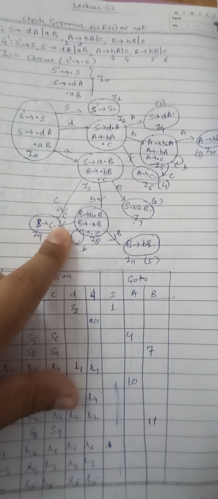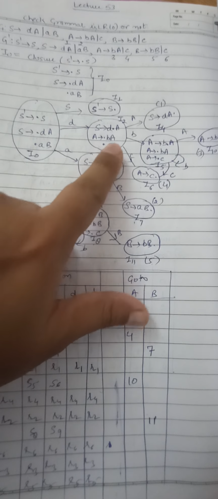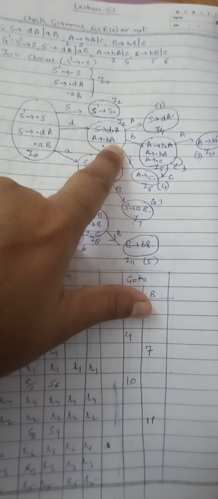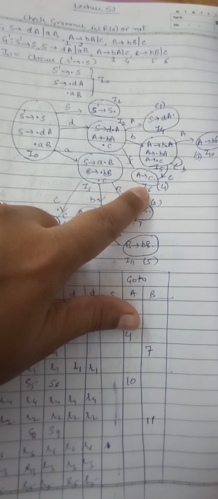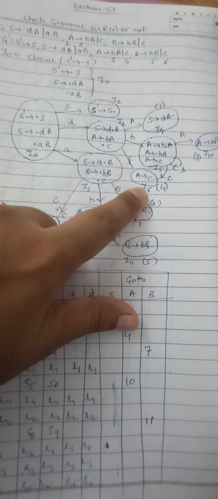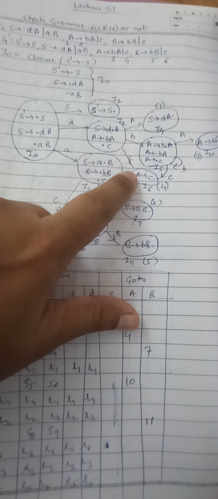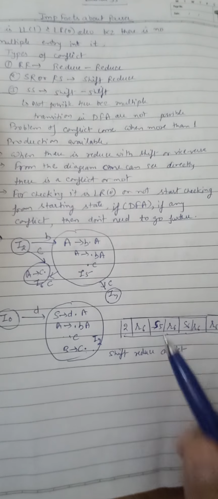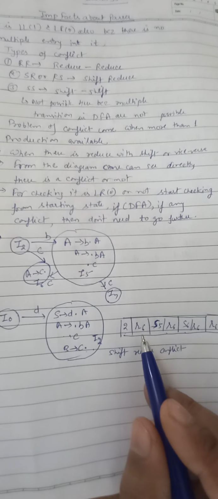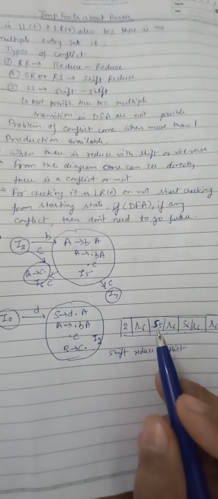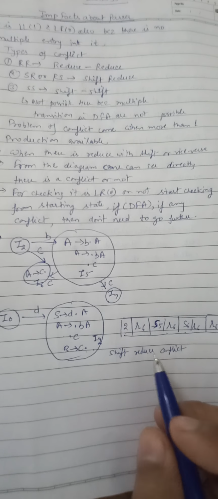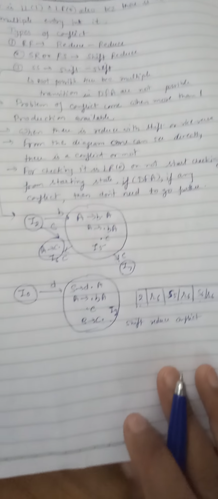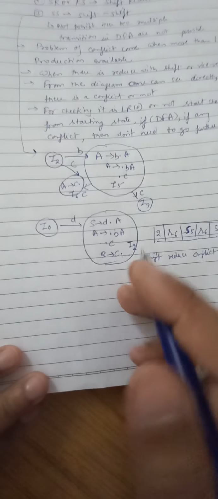And at I2, the second state, at C we are going S5, S6, so it will be both. Where it is empty, simply R6 will come, and where it is not empty, it gives us a shift-reduce conflict. So these are the conflicts.